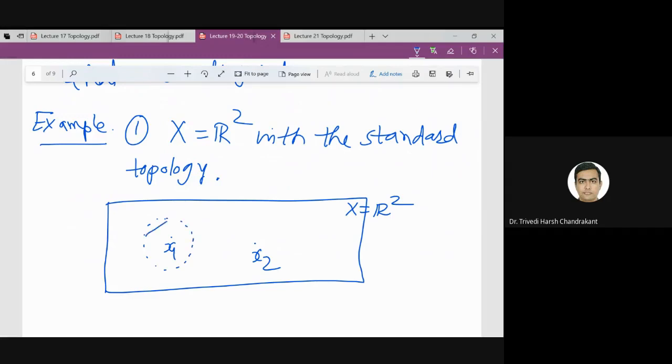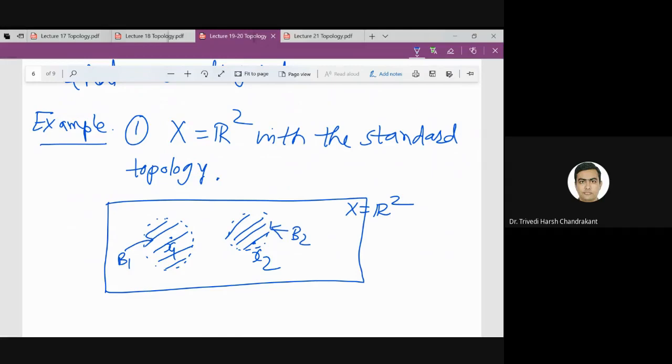So this is B1, a disk which contains x1. Similarly, we can take another disk B2 which contains x2. It is not necessarily the case that x1 and x2 are the centers of those disks, but we need two open sets which contain x1 and x2, and the intersection of those open sets should be the null set.